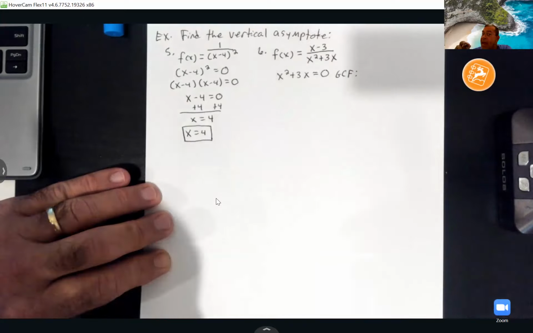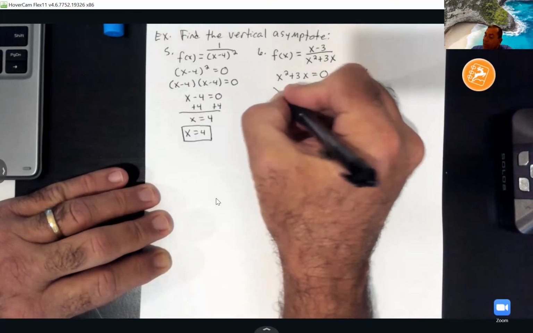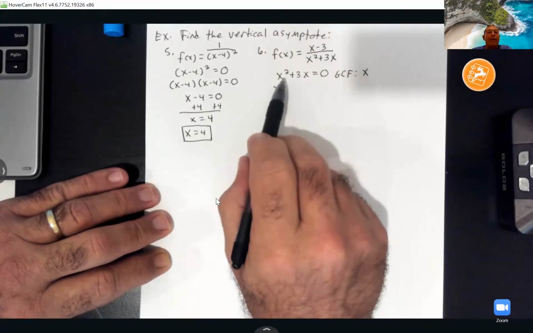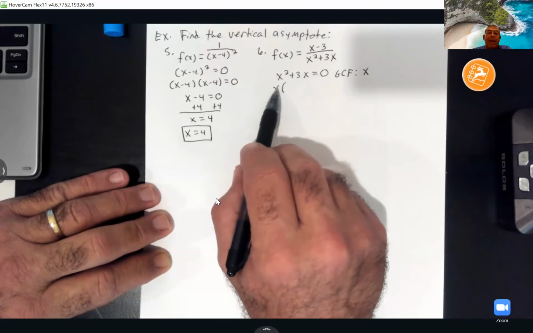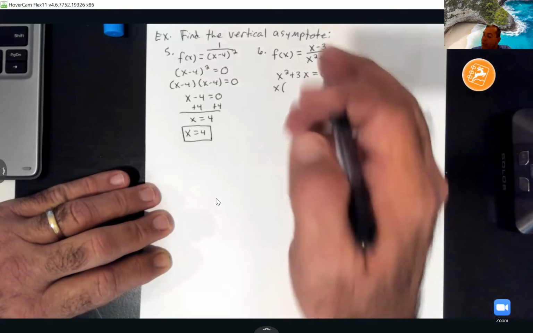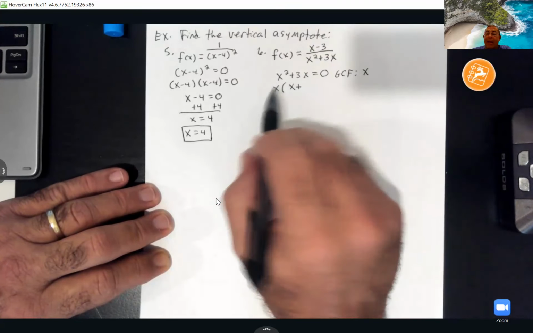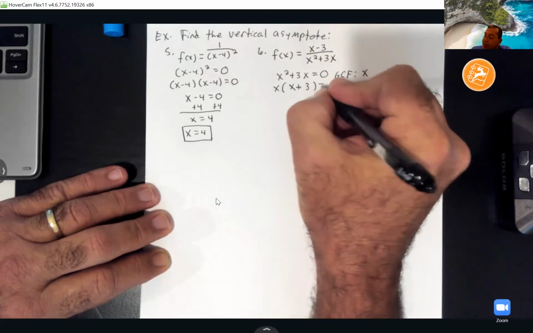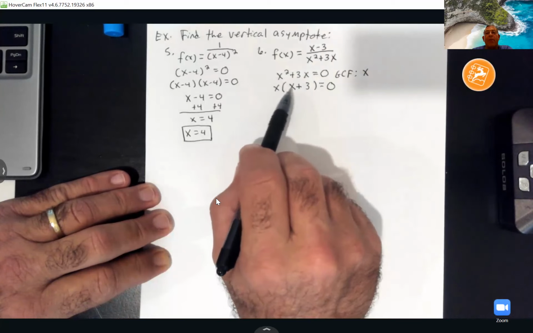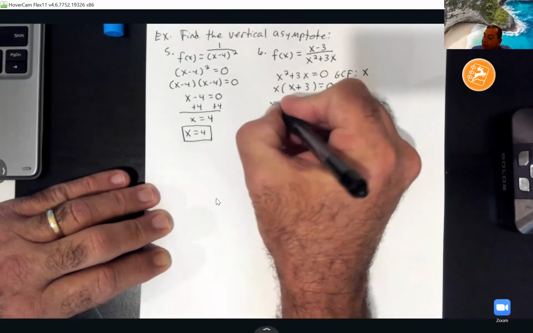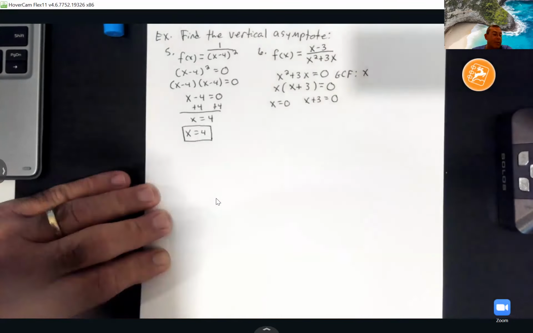And both of these have at least one x. So we would factor out the x in parentheses. We put what we get when we divide both of these terms by the x. So x squared divided by x will leave me an x, plus 3x divided by x leaves me a 3. Okay, so set both of these equal to 0. So I get x equals 0 and x plus 3 equals 0.